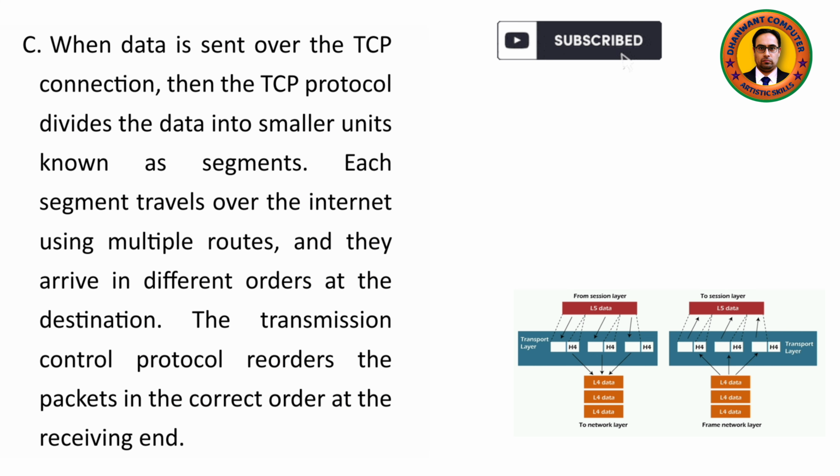When data is sent over the TCP connection, then the TCP protocol divides the data into smaller units known as segments. Each segment travels over the Internet using multiple routes, and they arrive in different orders at the destination. The transmission control protocol reorders the packets in the correct order at the receiving end.